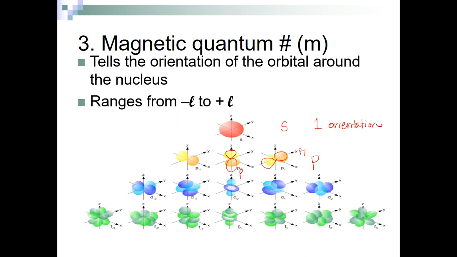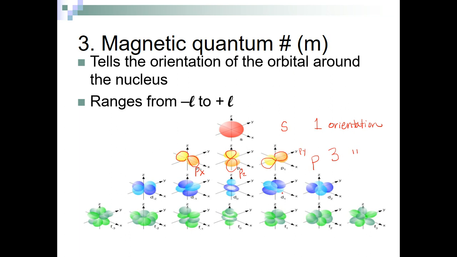We call that p sub z. This one is lined on the x-axis. We would call that p sub x. So the p orbital can take 3 different orientations along the nucleus of the XYZ axis. So the p orbital always has 3 orientations. I'll put ditto marks for that.